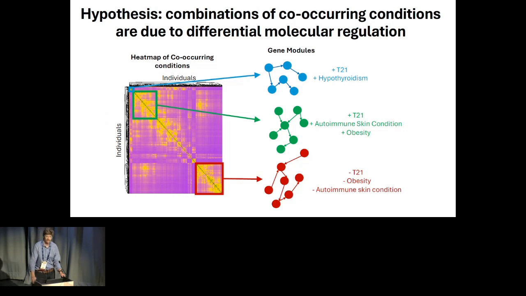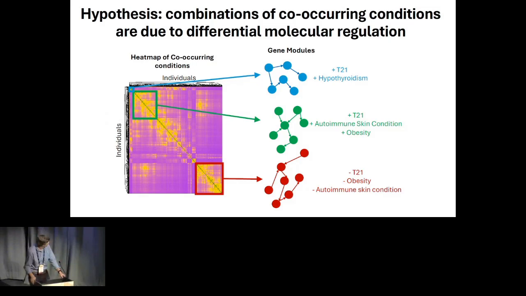We could identify predictive biomarkers that we could look for early to see what someone's risk factor of some combinations of conditions might be, as well as understanding these regulatory elements might allow us to identify drug targets that would affect people experiencing these combinations of co-occurring conditions, so a drug that could affect multiple conditions simultaneously.